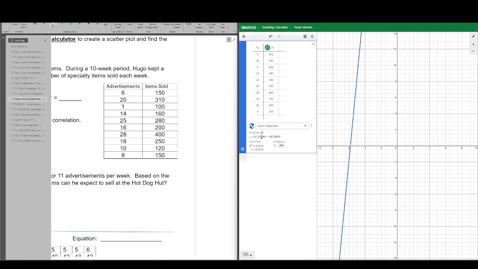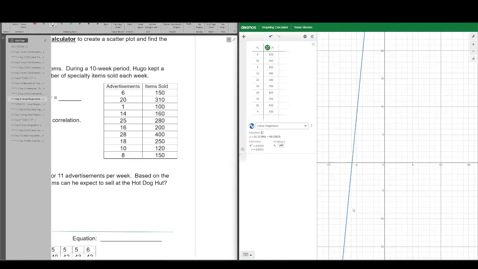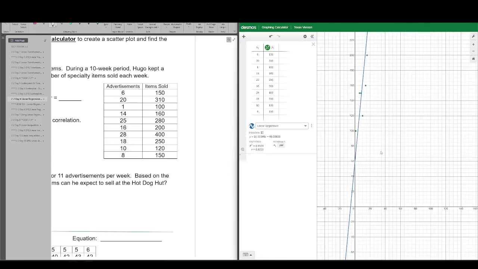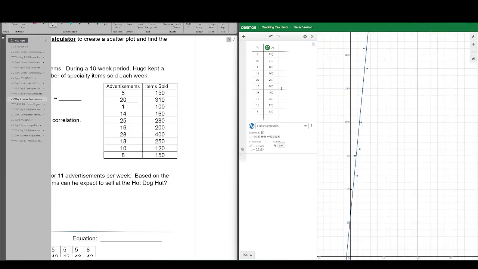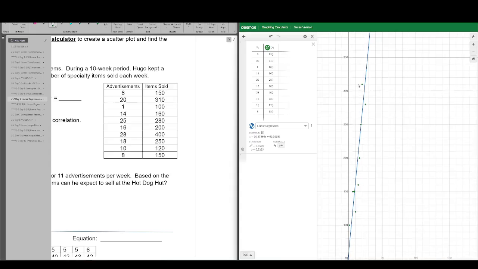Okay, so we got our equation and the R value. We should now be able to answer the stuff over here in OneNote. But before we do, let me zoom out a bit. So we can see that as I was filling in this table, we actually were also creating a scatter plot. It was just off screen because the numbers are so big that I had to zoom out to see them.